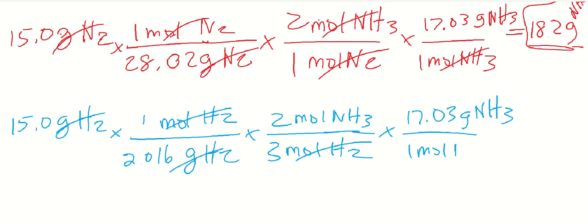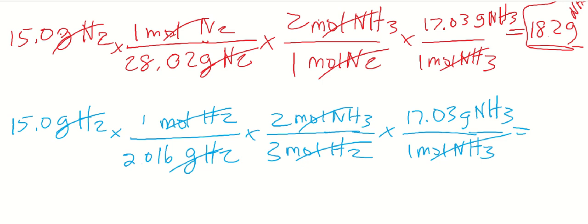Last step, convert to the desired unit. Let me punch these numbers in. 15 divided by 2.016 times 3, divided by... times 2 divided by 3 times 17.03.